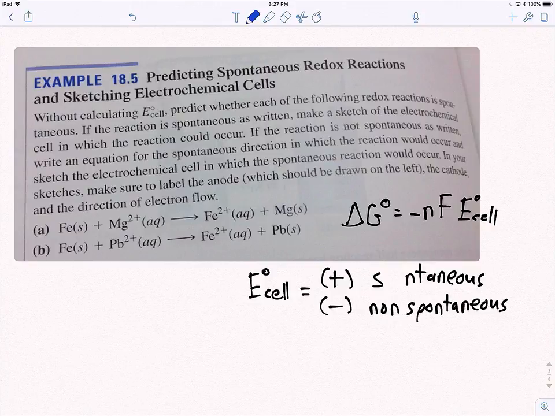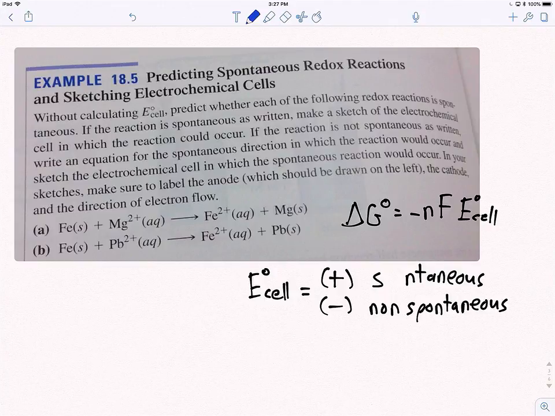Are you ready to rumble? We're going to fight, and you ask what's going to happen. We have a cheat sheet though, the cell potentials. So the question is, will iron react with magnesium ion to form iron ion and magnesium metal?